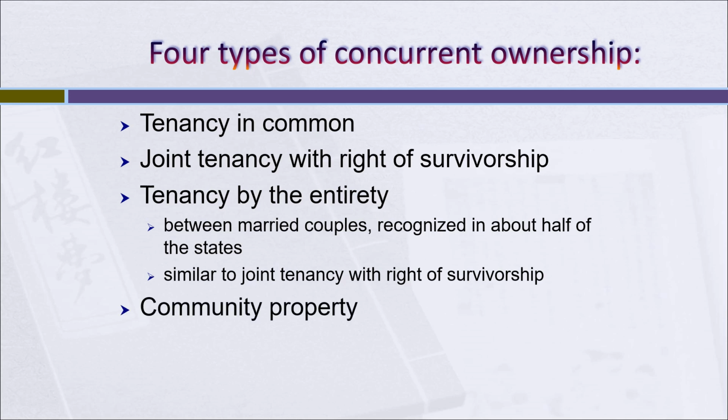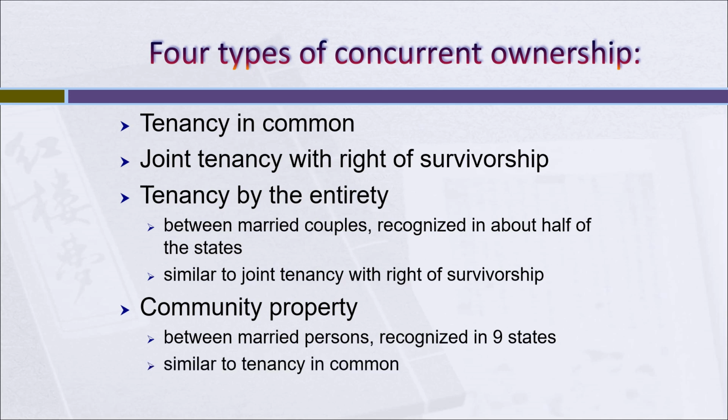The final one is community property. Again, it's only between married persons. It's recognized in 9 states, and it is somewhat similar to tenancy in common. But again, we have a special video devoted to it, so we won't cover it any further here.